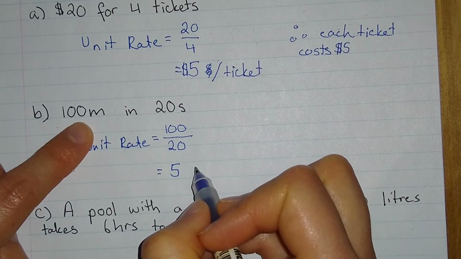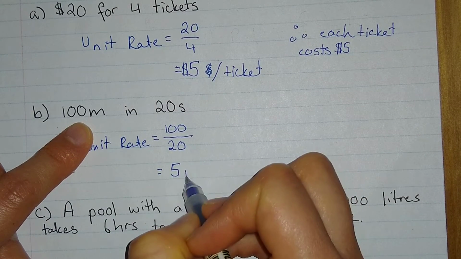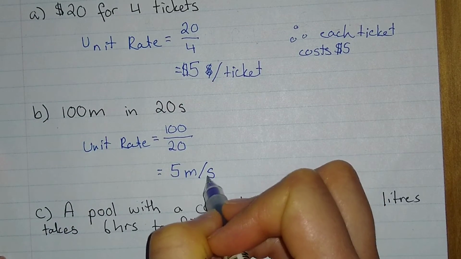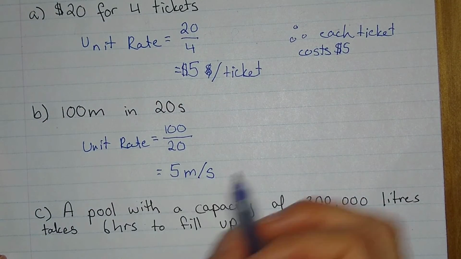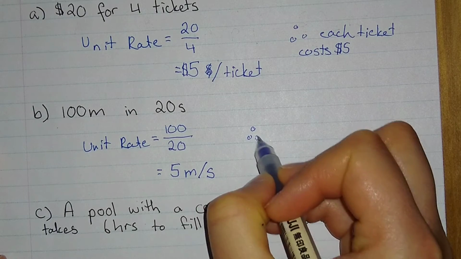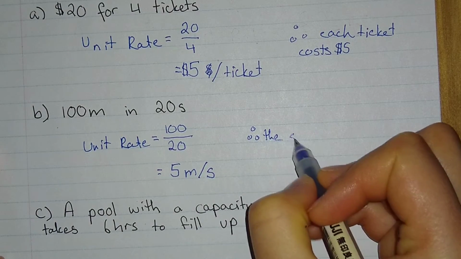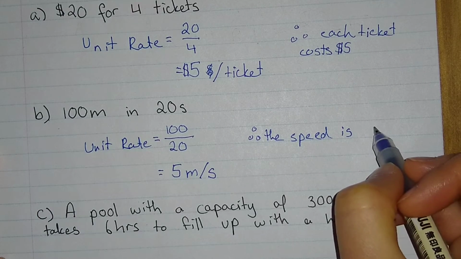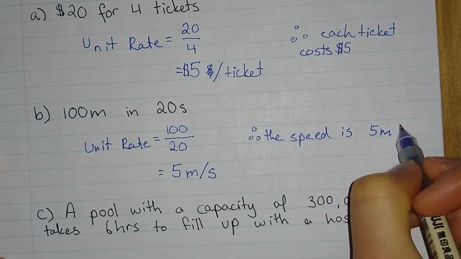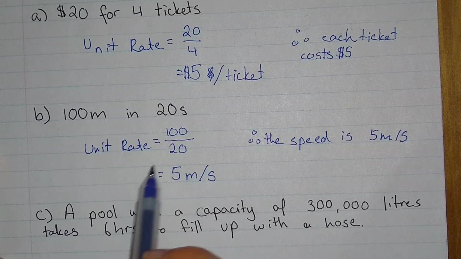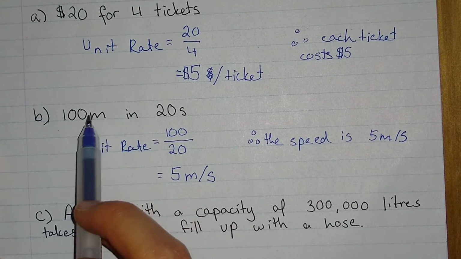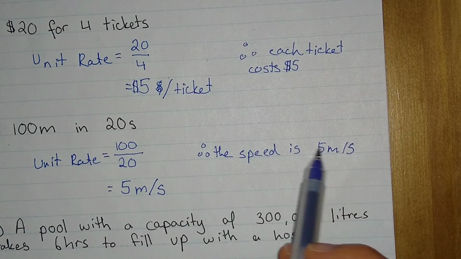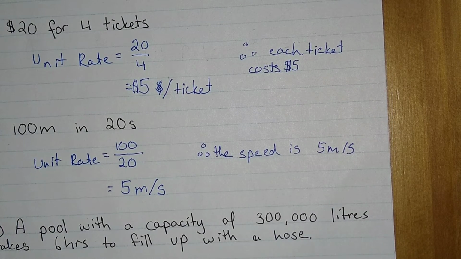So you get 5, and meters was on the top, so you put meters per second. So this is actually a speed. So therefore, the speed is 5 meters per second. So once again, what this unit rate has done is it has worked out not how far you would travel in 20 seconds, but just in 1 second, 5 meters per second.